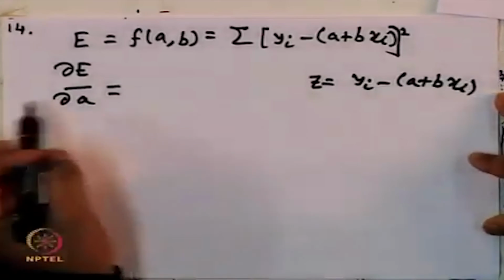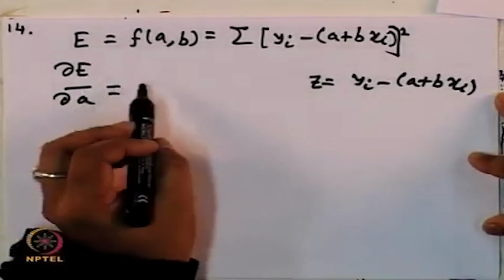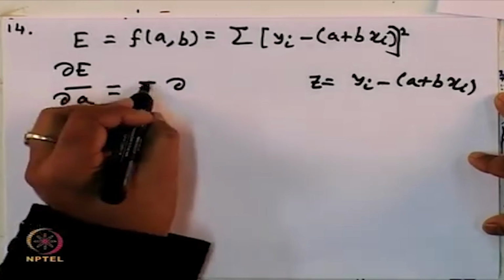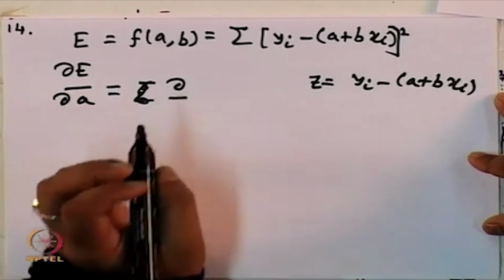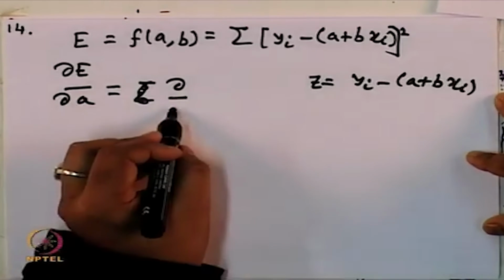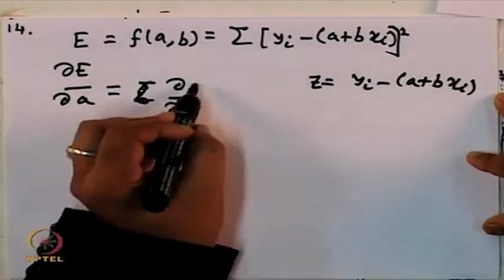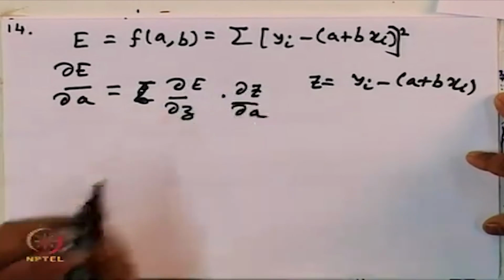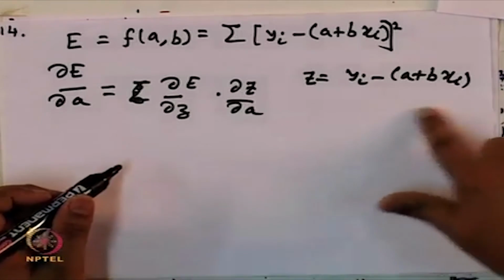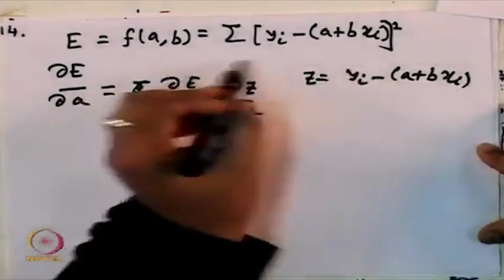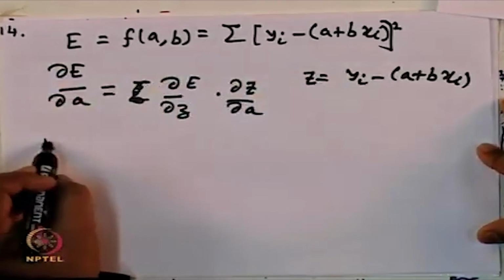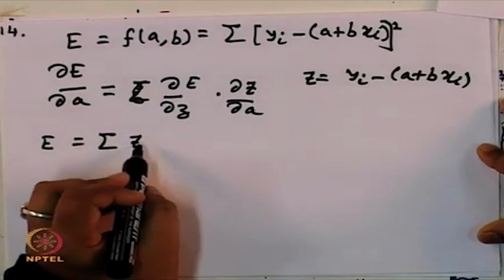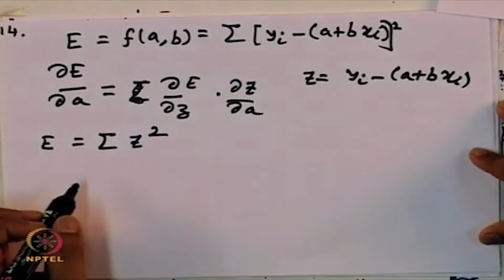Okay. So, I can write this as summation of, okay, if I do this particular z, then I can take the derivative. So, my error is of the form summation of z i square.